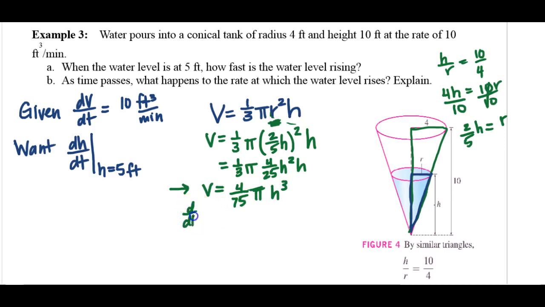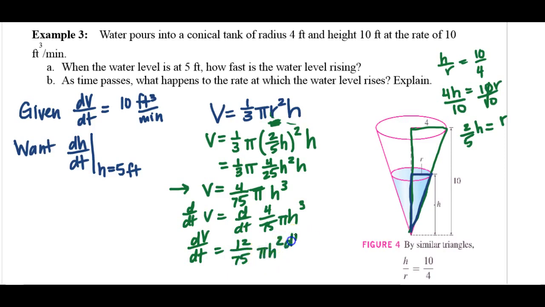So d/dt of V and d/dt of 4 over 75 pi h cubed. So this is dV/dt equals, if I bring the 3 to the front, because I'm differentiating h cubed, I'm going to get 12 over 75 pi h squared dh/dt.